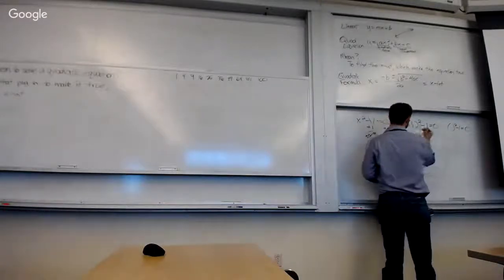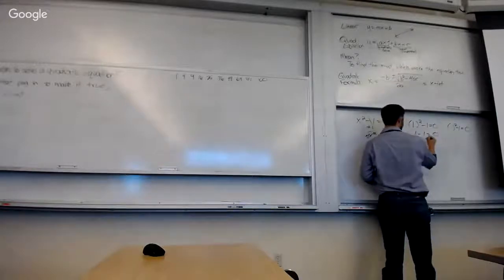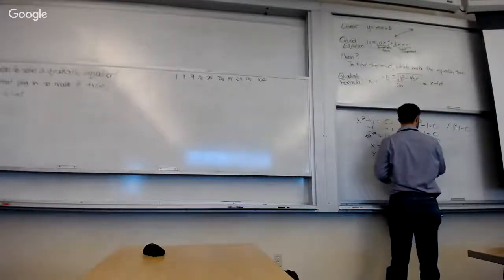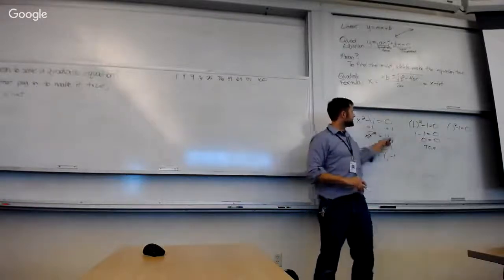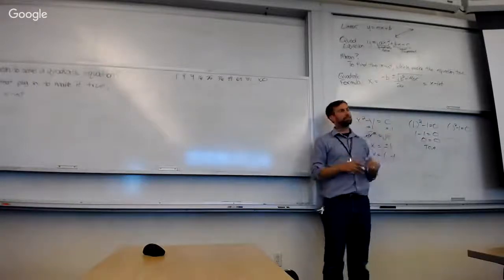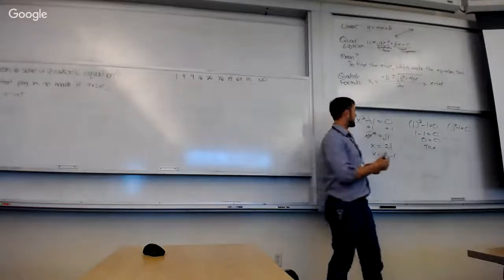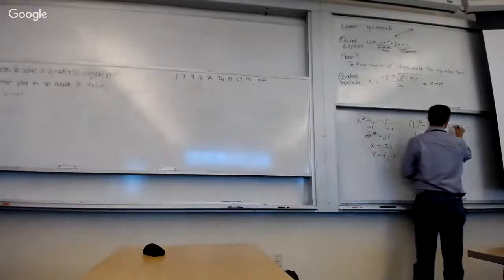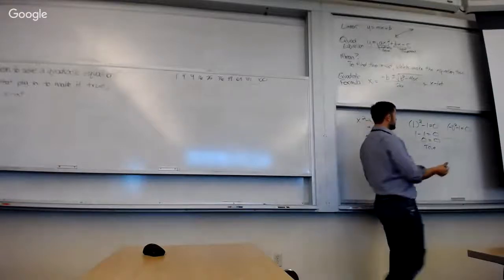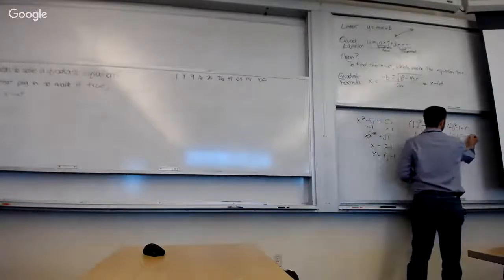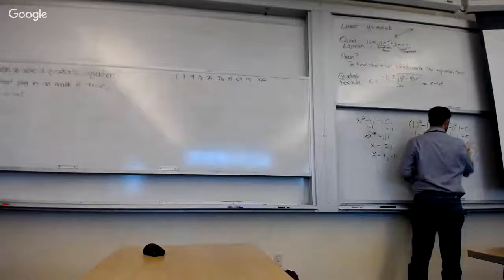So 1 squared is 1. 1 minus 1 is 0. So, yes, 1 is a solution because it makes the original equation true. That's what we even mean by the word solution. Now, how about -1? I plug in -1. Well, -1 times -1 is still positive 1, and 1 minus 1 is still 0. So that's all.